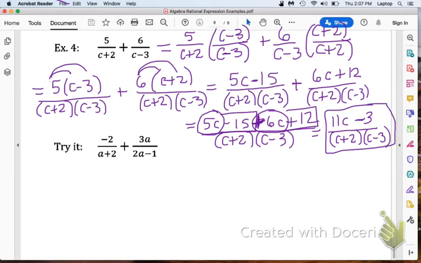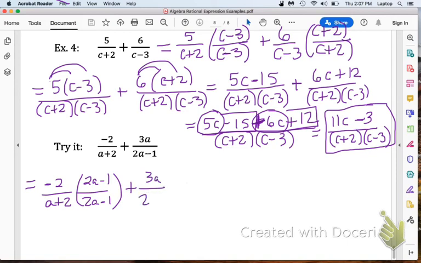All right. So looking at the next one, we'll multiply the denominators together when they're expressions to get the common denominator. So that means that we'll take the first one, negative 2 over (a plus 2), and we have to multiply it by (2a minus 1) over (2a minus 1). Add to that 3a over (2a minus 1), multiplied by (a plus 2) over (a plus 2) to get the common denominator.